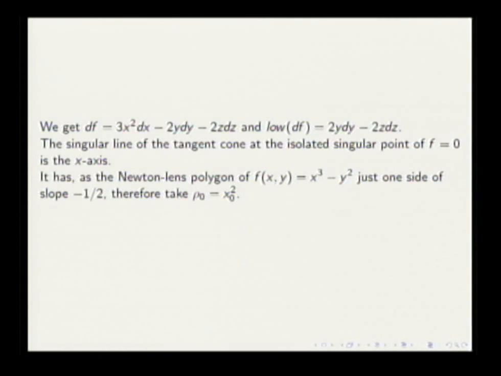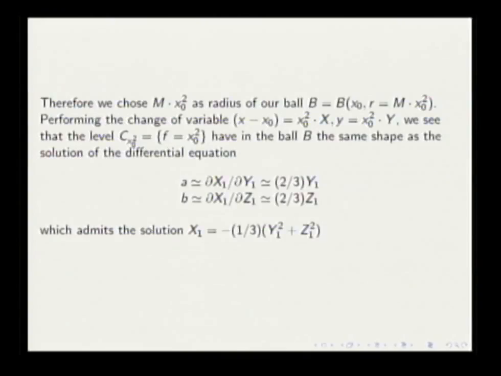When you look at df, you can again look at the Newton polygon, and then what you see as a limit, remember the picture I did before, is naturally a differential equation, or differential equations in that case, which will tell you exactly what you want.